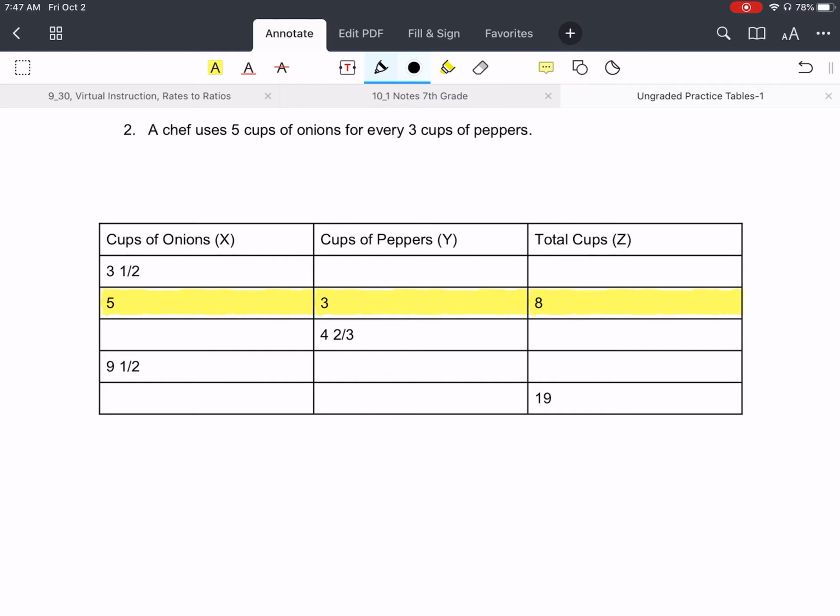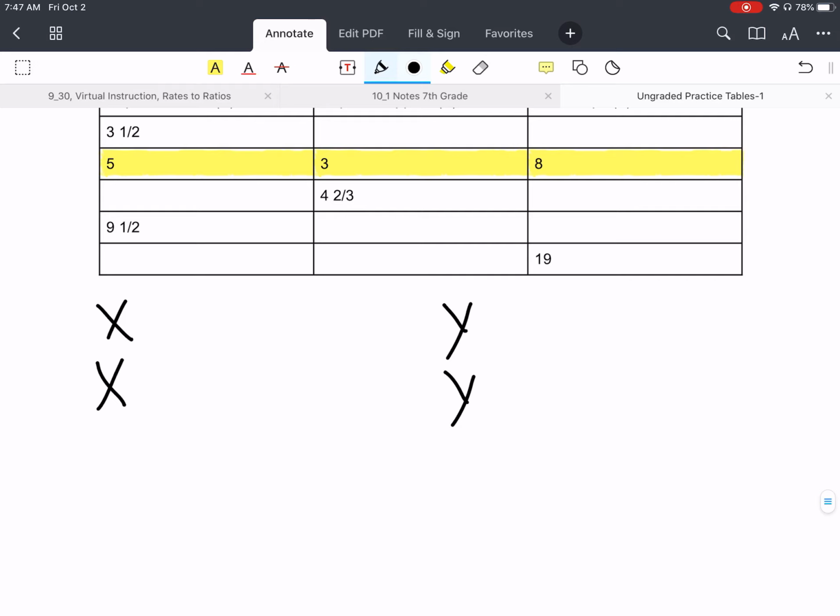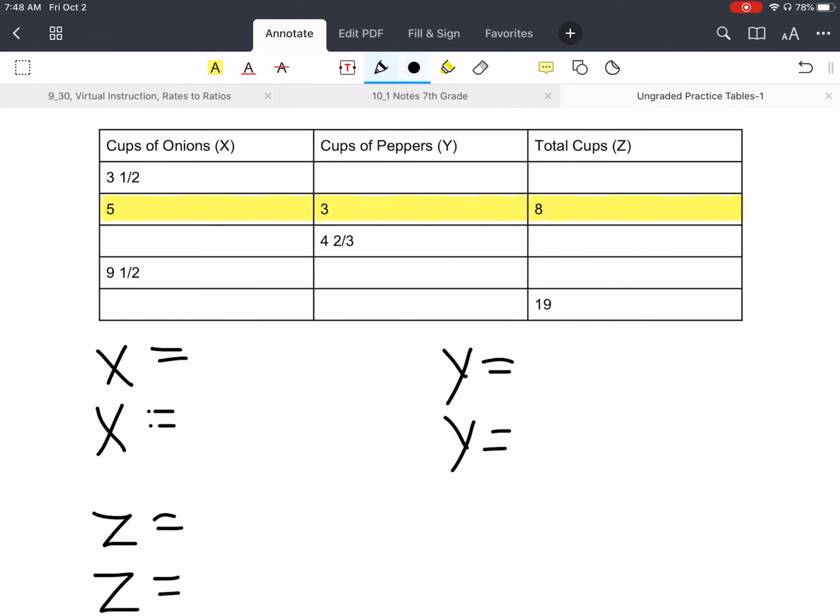And we're going to have 2 equations for each variable. So we'll start with x, then we'll go to y, and we'll go to z. Okay, we see that x has a value of 5 and y has a value of 3, which means that x is 5/3 the value of y, because 5 is 5/3 of 3.